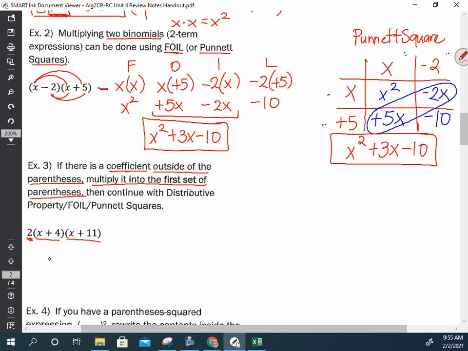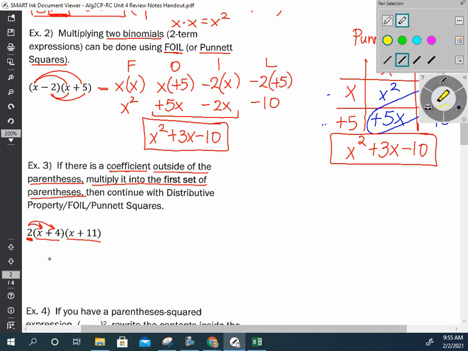This 2 that's sitting in front is only going to go to the first parentheses. We only give this 2 to the first parentheses.